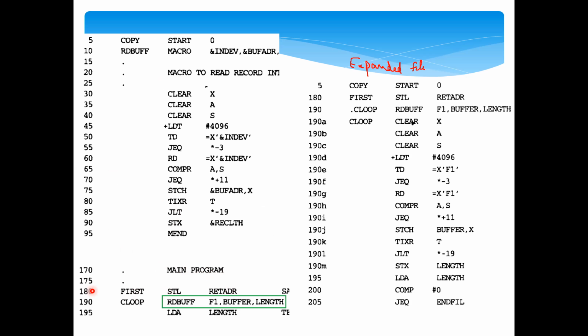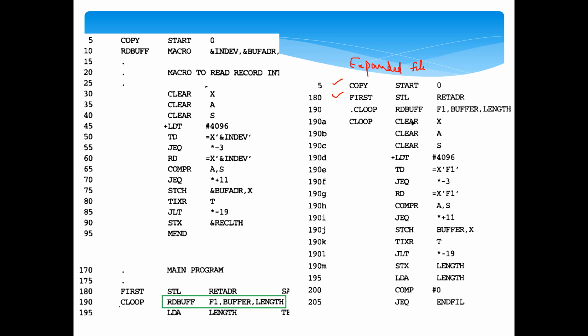The same steps happen for every statement in your program. So it will get the line and process the line. It is not a macro, so that line will be written to the expanded file, right? Since this is not a macro, this statement is written, and this statement also written.